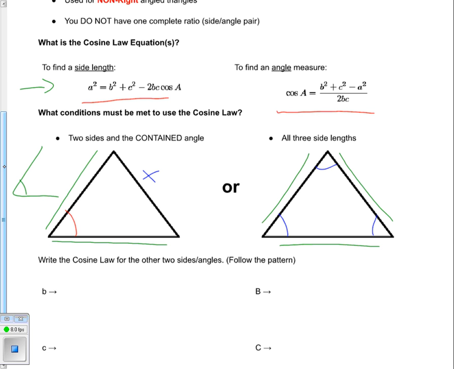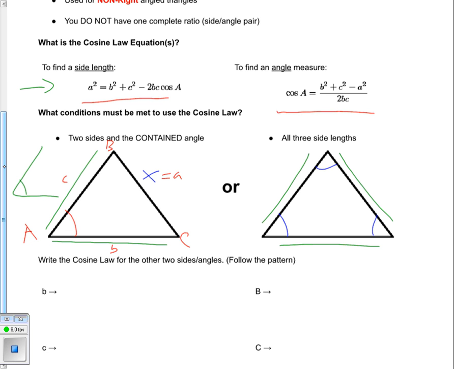So, for example, to find the side length using this formula above that starts with the a squared, that means that this is angle A, this is angle B, this is angle C, and the unknown side length is A. Okay? If you're trying to figure out unknown angle B, you need to shift the scissor pattern to the top. Okay?